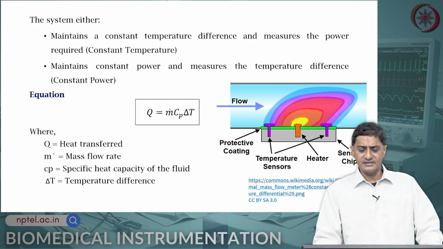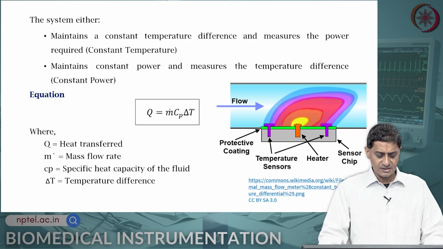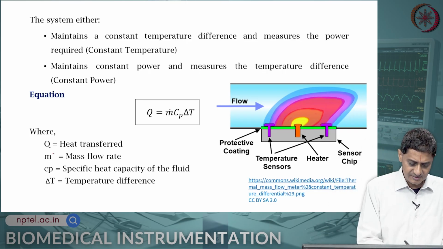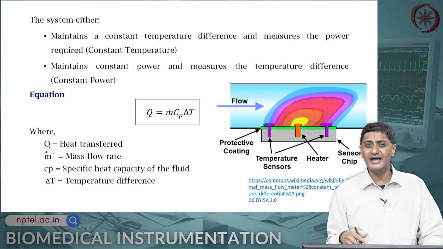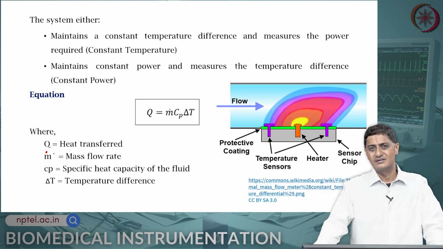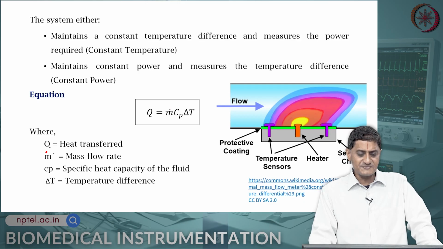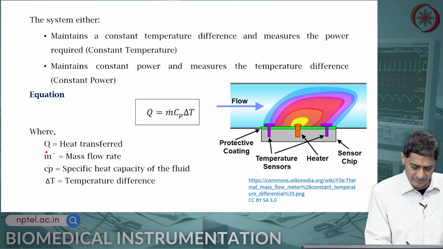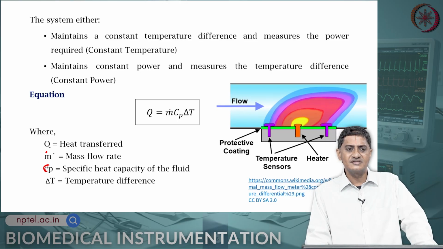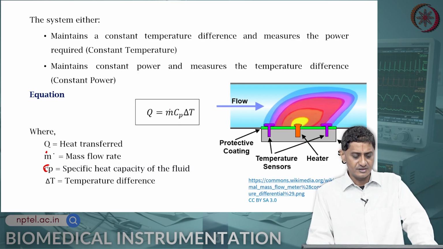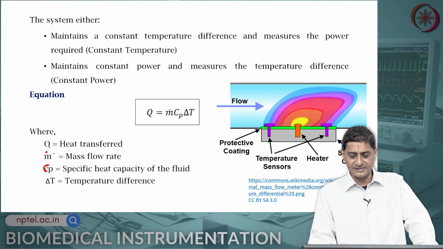So, the heat transferred is essentially m dot, that is the time rate of flow, dm by dt, m dot, times the specific heat capacity Cp, where Cp is the specific heat capacity of the fluid, times the temperature difference delta T.